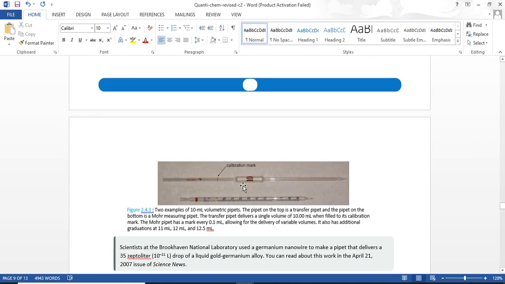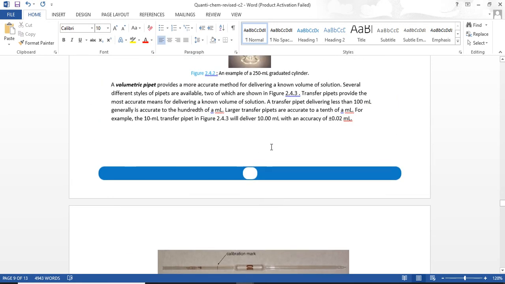For example, take this 10 mL transfer pipette. Here is the 10 mL mark. Your volume must be exactly that when you fill the pipette. You see the difference between the two pipettes. With one kind you can adjust the volume, but with our transfer pipette you cannot adjust it. You must take exactly 10 mL of volume.